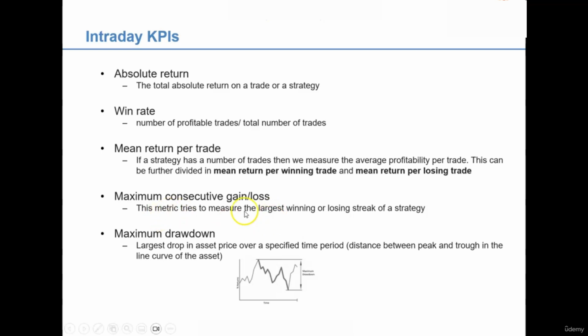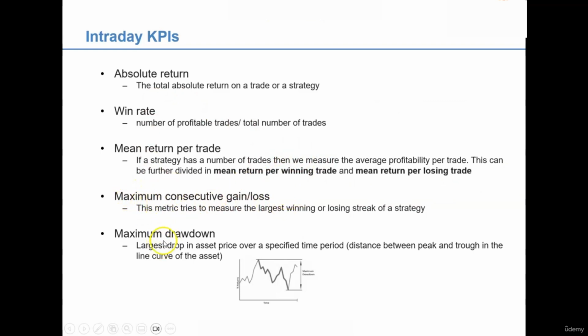I mean, it may have value because if the losing streak was really high, then there is a possibility that a particular strategy would have wiped us out. But in general, we want to get the overall characteristics of a strategy, and in that scheme of things, maximum consecutive gain loss doesn't really fit the purpose.